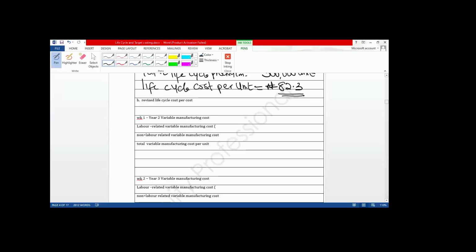Revise life cycle cost per unit. Working one. For year 2, split variable manufacturing cost into 2: labor related and non-labor related variable manufacturing cost. Remember, the total variable manufacturing cost per unit for year 2 is 40 naira.